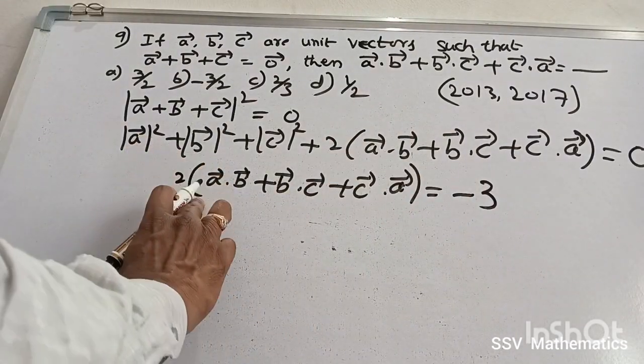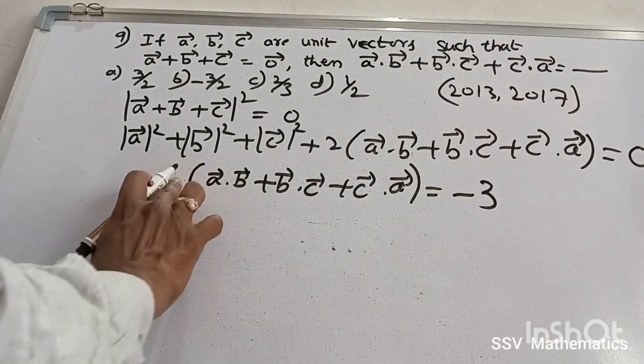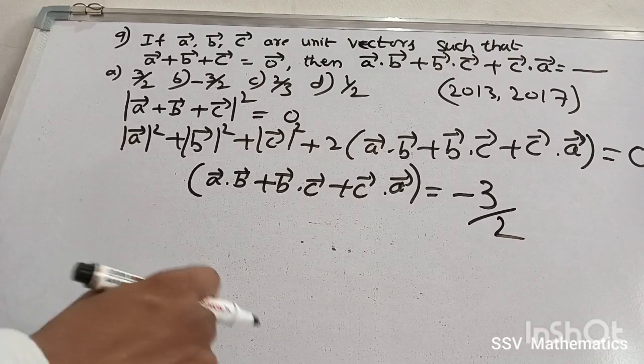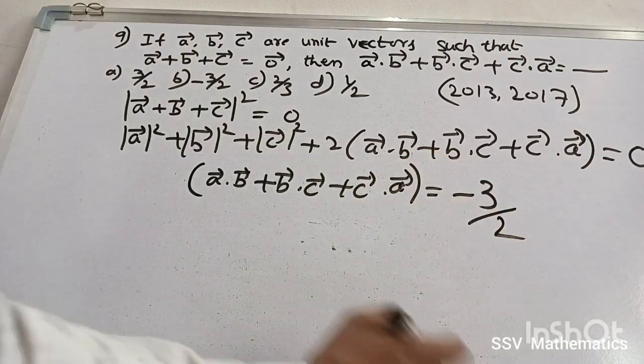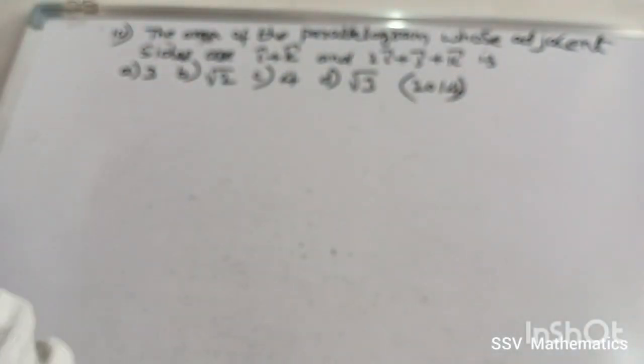You want A dot B plus B dot C plus C dot A. So therefore take 2 to right side denominator. So we get the value is minus 3 by 2. Option B is correct. Next problem.